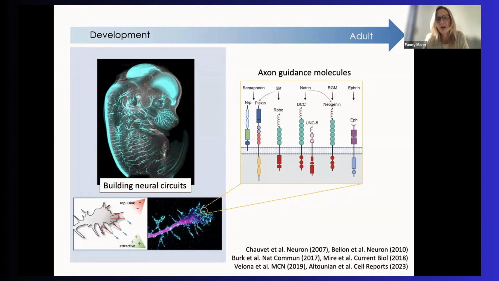But these adult neuronal projections retain some degree of structural plasticity that allows them to adapt and to respond to some stimuli that may vary depending on experience in life, but that can also arise from disease, and in particular from the development of malignant tumors.